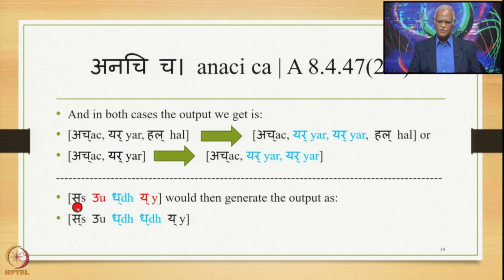This previous Sa does not matter in this case. So U, Dha, Ya, they are this ach, yar and hal. And so 8447 would apply here and generate the output optionally as Sa, U, Dha, Dha, Ya. So Dha gets optionally reduplicated.